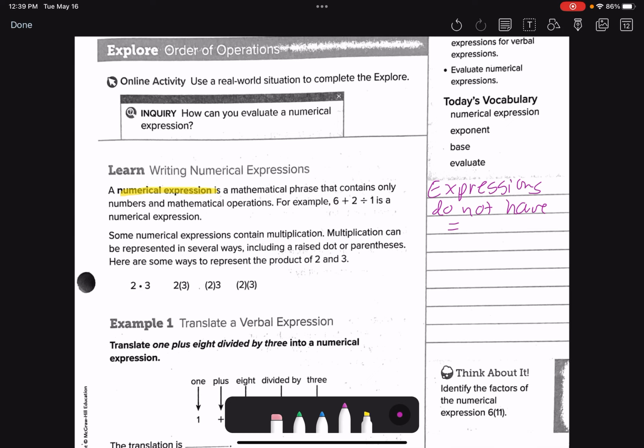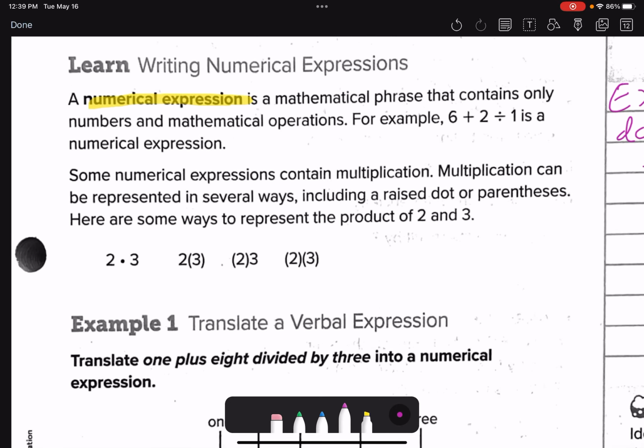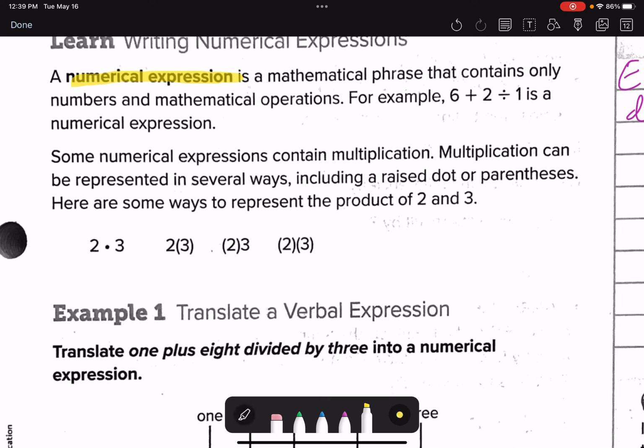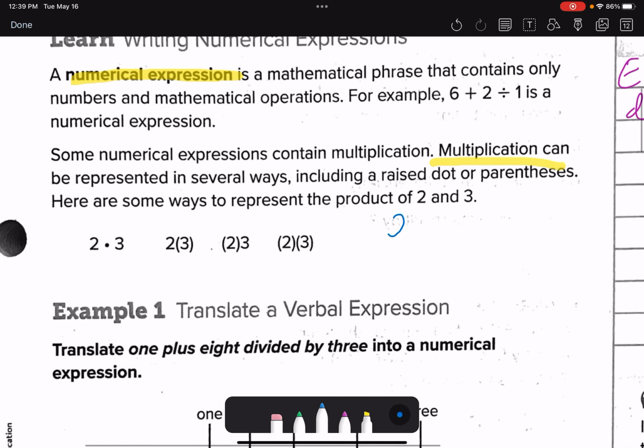variables involved. The other thing I want to point out to you guys here is the different ways that you can multiply. Now, typically in elementary schools and sometimes in middle school, multiplication can sometimes look like this, with a little multiplication symbol in the middle. But now that you're coming into Algebra 1, that is not really considered proper because that looks like an X or a variable.